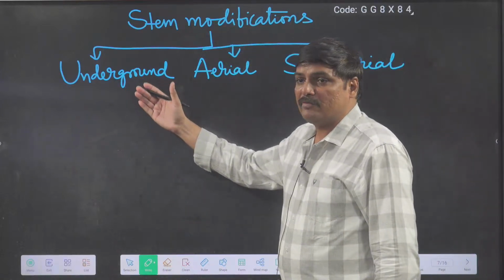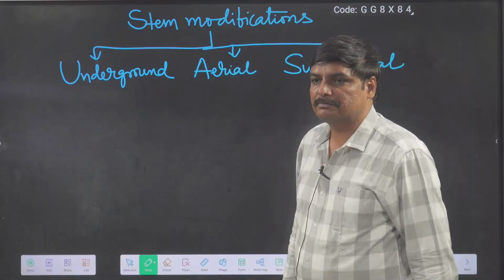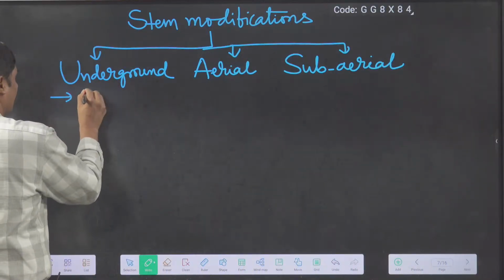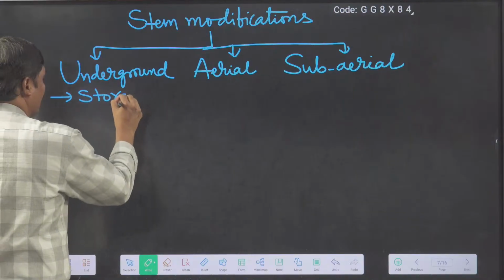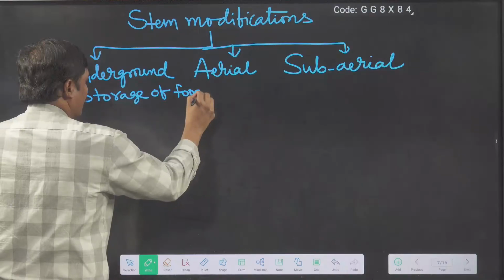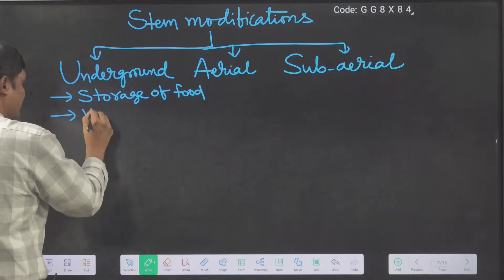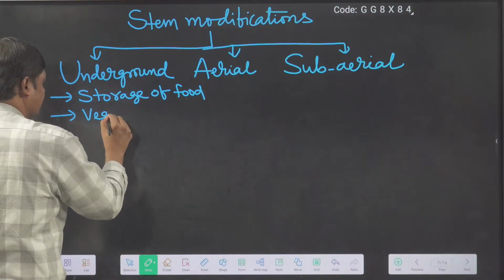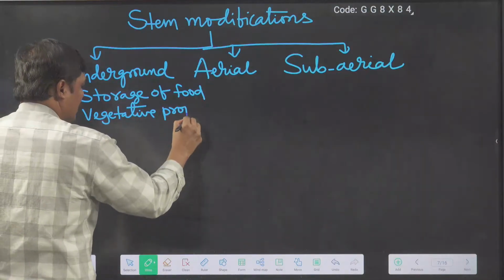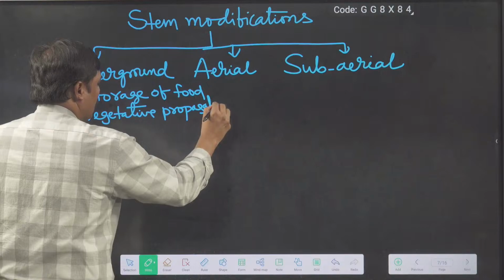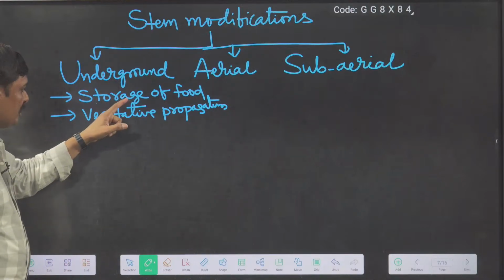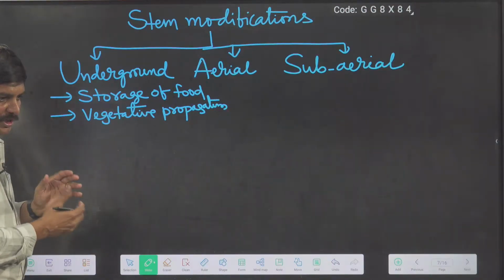These underground stem modifications are useful for storage of food material. They help in vegetative propagation, as I said already.